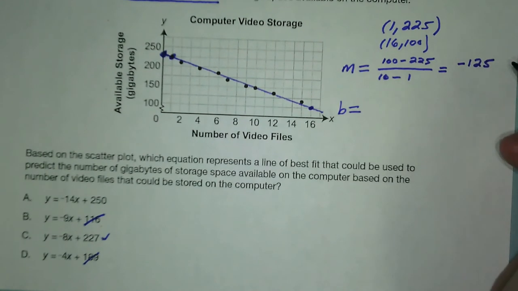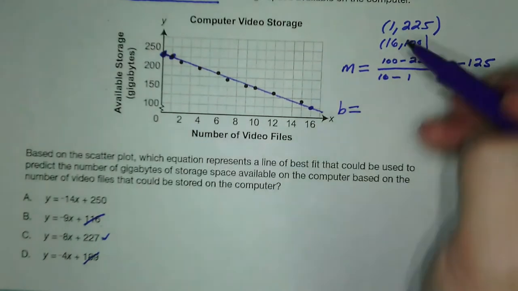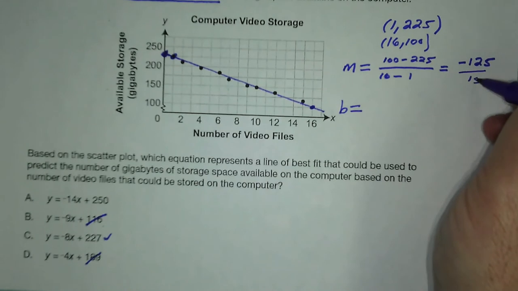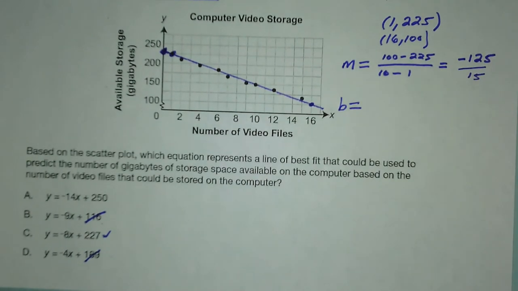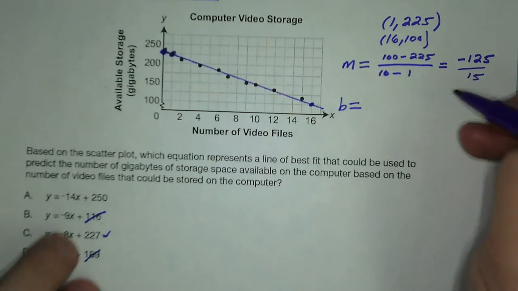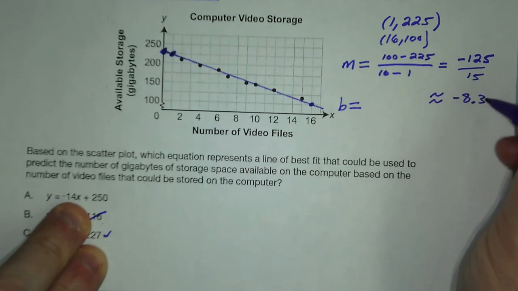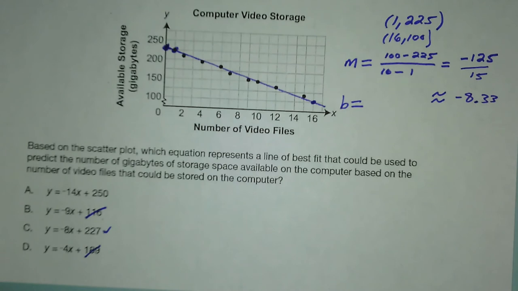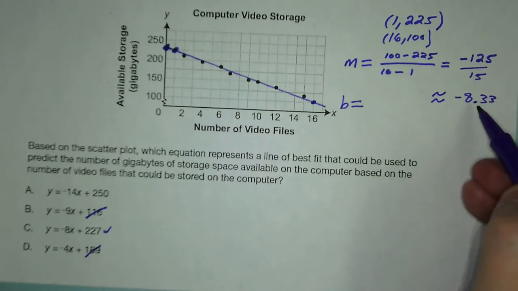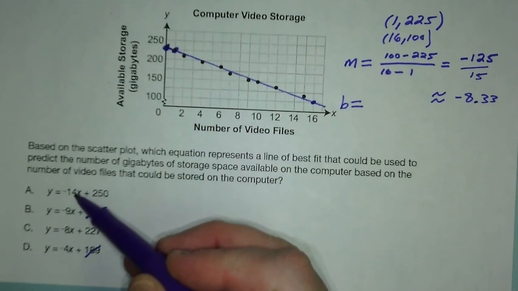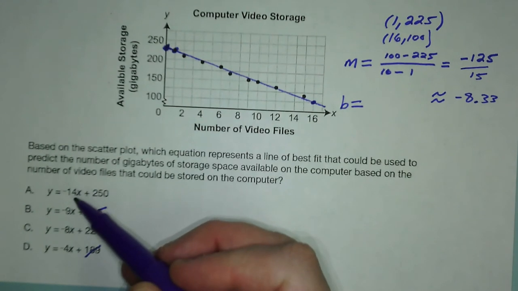All right, I don't want to be a hypocrite. Mental math is, you just grab a calculator, right? Okay, I am correct. And then 16 minus 1 is 15. So when we do that division on my calculator, I get like negative 8.33. It's basically negative 8.3 repeating. So my slope is obviously not negative 14.